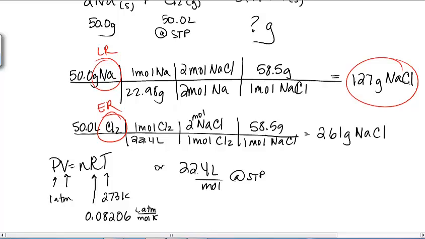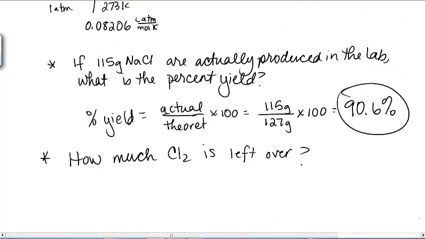Since chlorine is left over, I can figure out, based on the amount of sodium I had, for example, how much chlorine is it going to use? And subtract it from the amount I had. Or I could take the amount of sodium chloride I'm going to make and figure out how much chlorine was used to make it. That would be fine too.